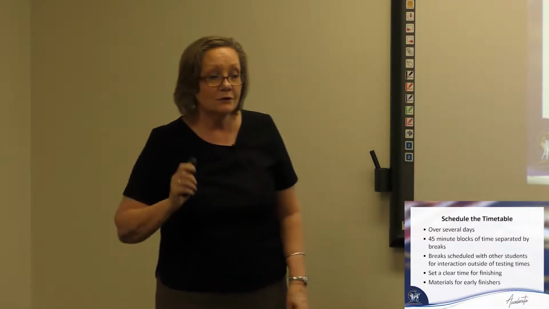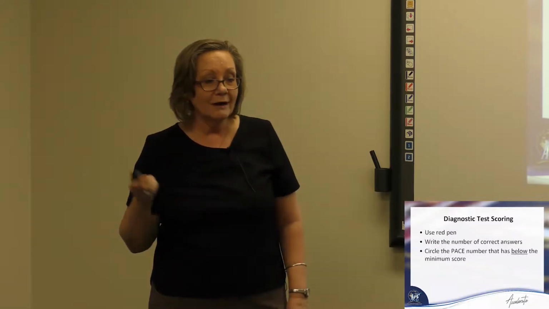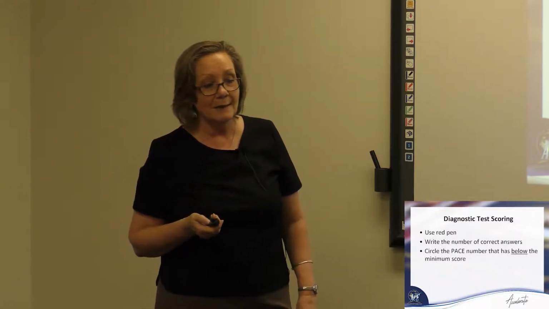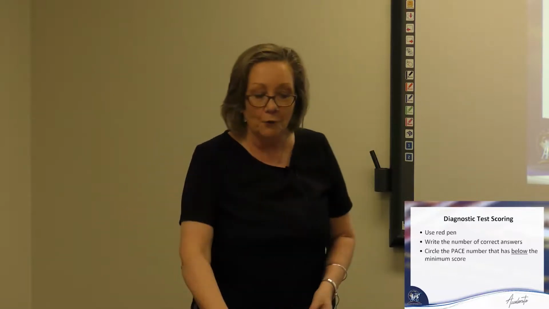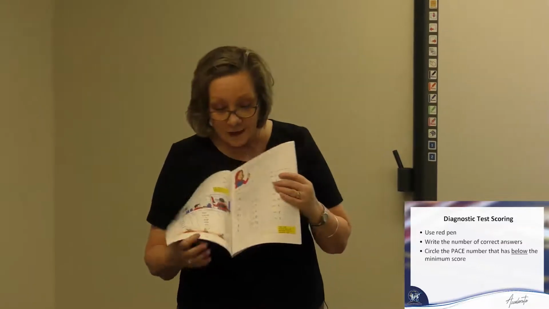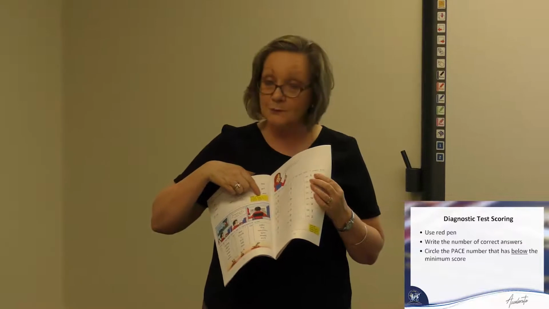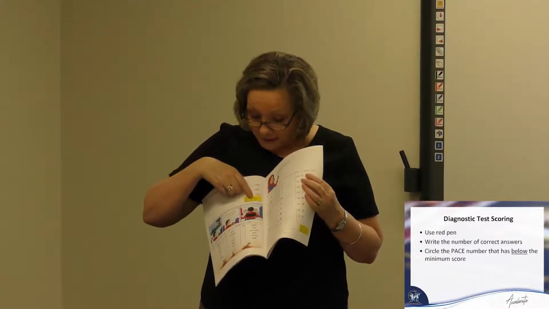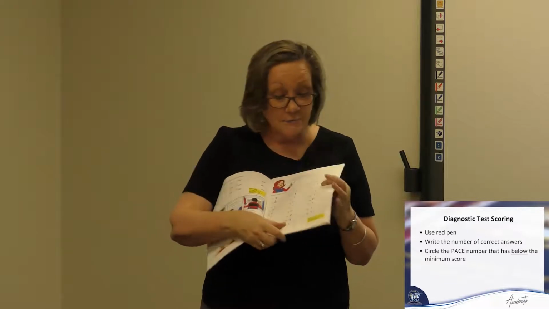Okay, now when you score the diagnostic test, you use a red pen, you write the number of correct answers, and you circle the PACE number that is below the minimum score. So what we're looking for when they've done the test and we're marking these yellow boxes: PACE 1024, possible score 6, minimum score 5. It varies.